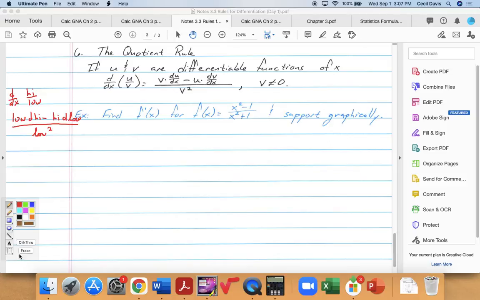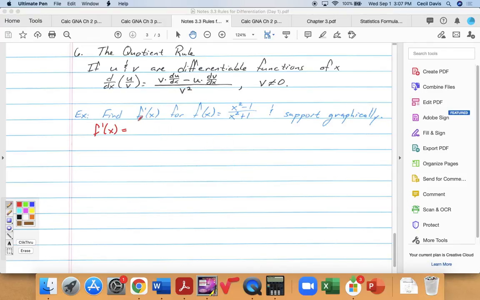All right, so let's find the derivative of this and support that graphically. So f prime of x. By the way, there is a case to be made of, well, maybe I should do long division on this and simplify it first, but we're not going to.